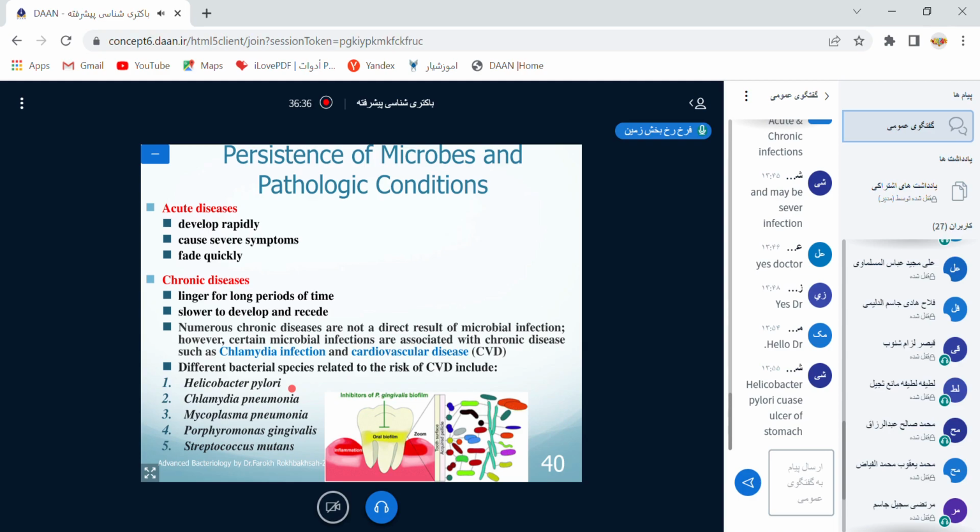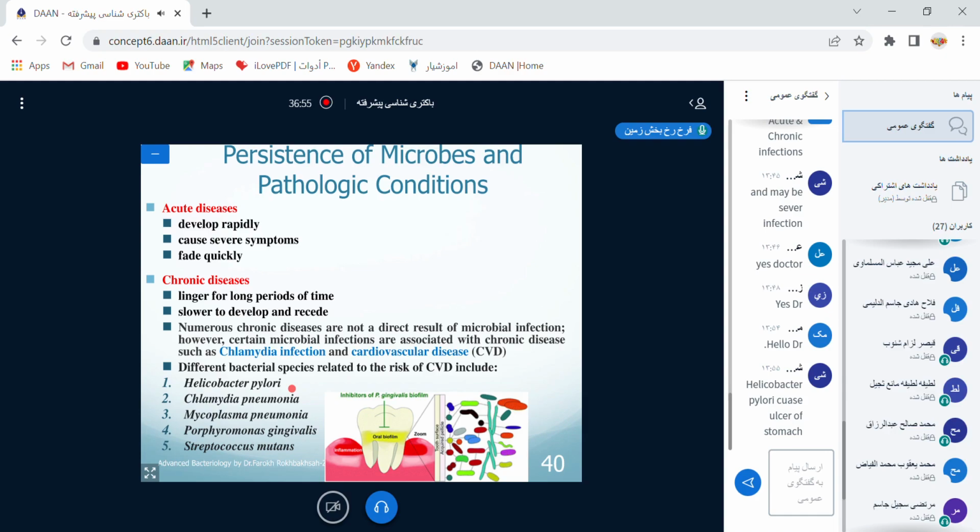But in some people, as written by dear student Ode Abdusada, Helicobacter pylori causes ulcer in the stomach and can be pathogenic.